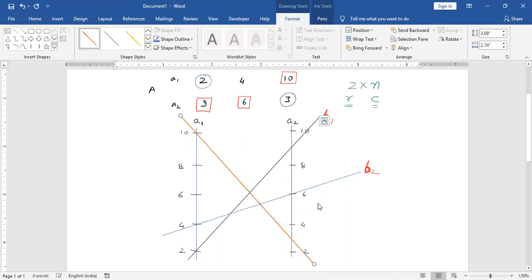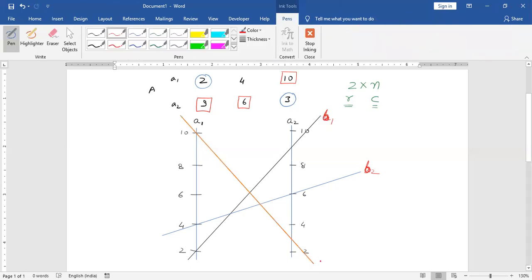When we are talking about the 2 by n matrix, in case of a graphical method, we will take the lower envelope and upper point.